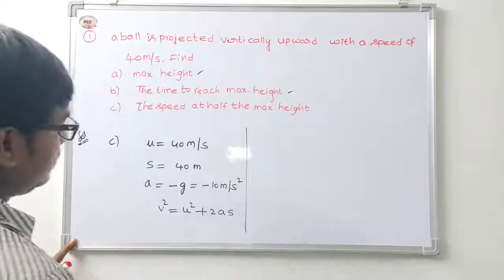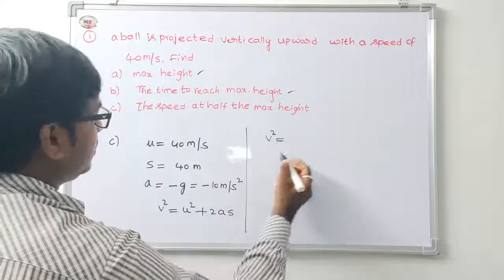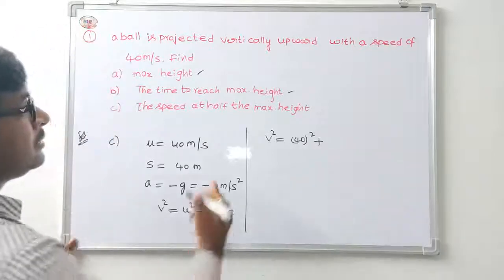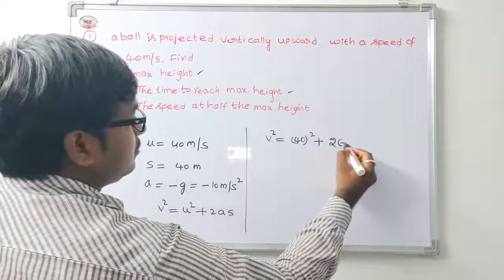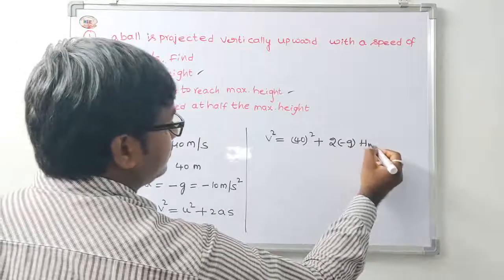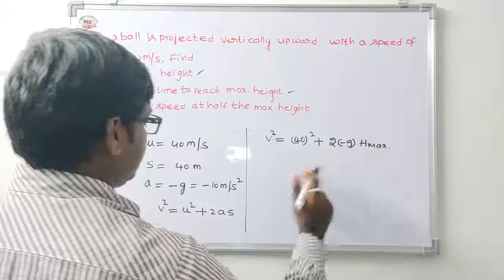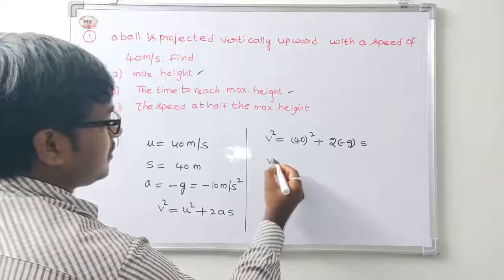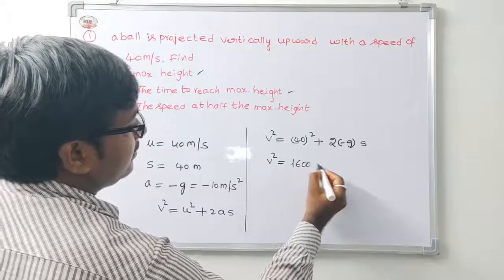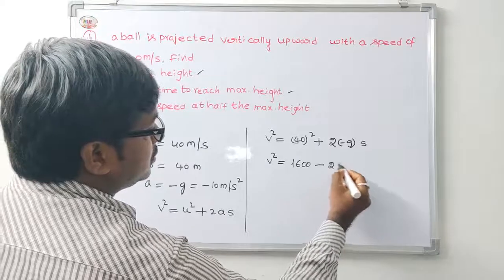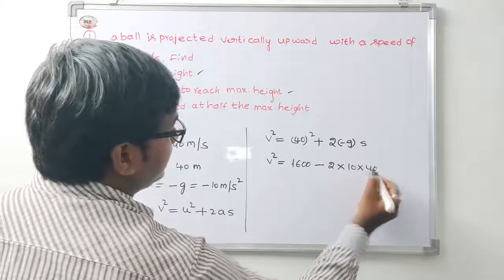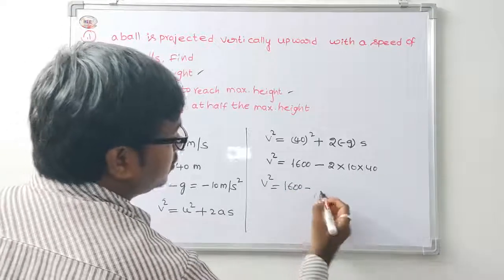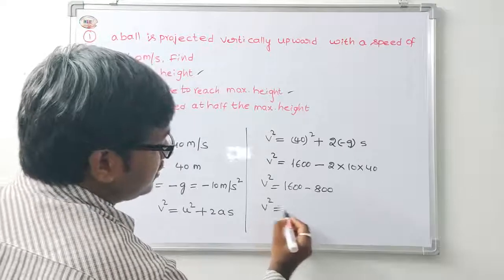Then v square is equal to u square, 40 square, plus 2 into minus g into h, that is the displacement, students. v square is equal to 1600 minus 2 into 10 into 40. v square is equal to 1600 minus 400 into 2, 800. v square is equal to 800.